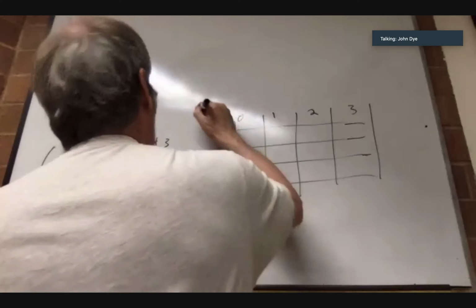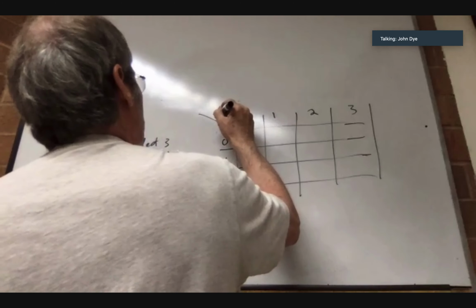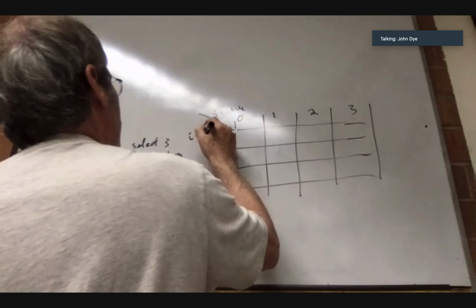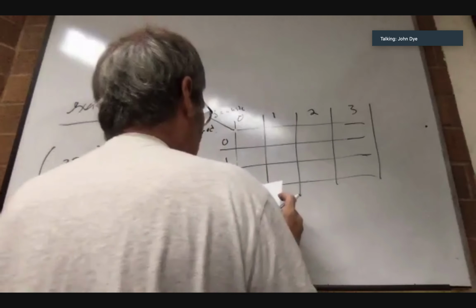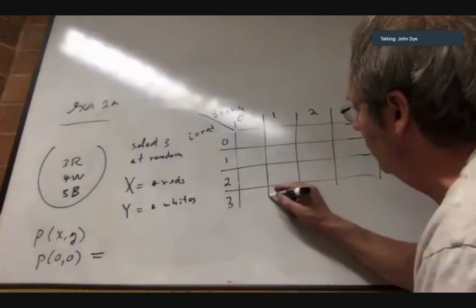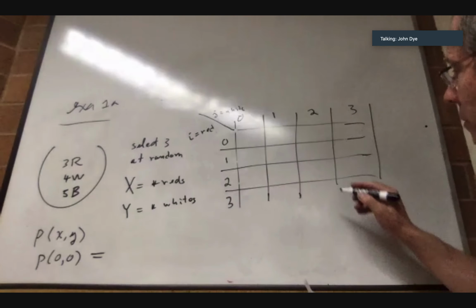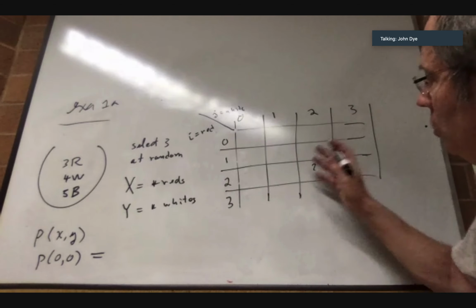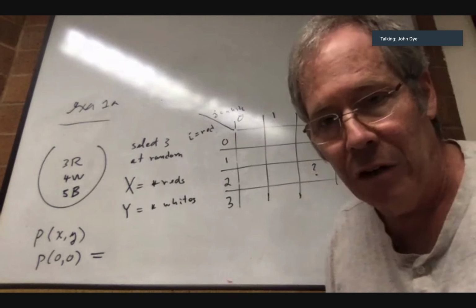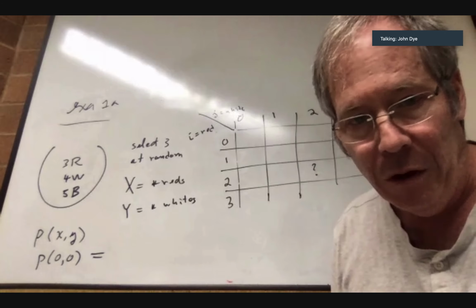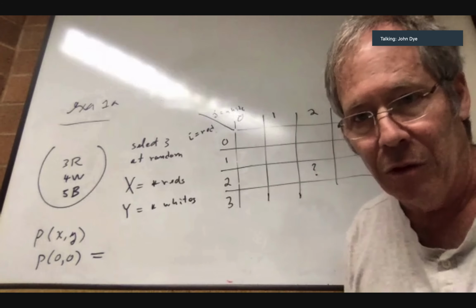So this is the white, and these are the reds. These are the different possible outcomes. So let me ask you a question. If you want to figure out what goes here, this is the joint probability mass function for this problem. The two random variables involved are x and y, number of reds and number of whites.